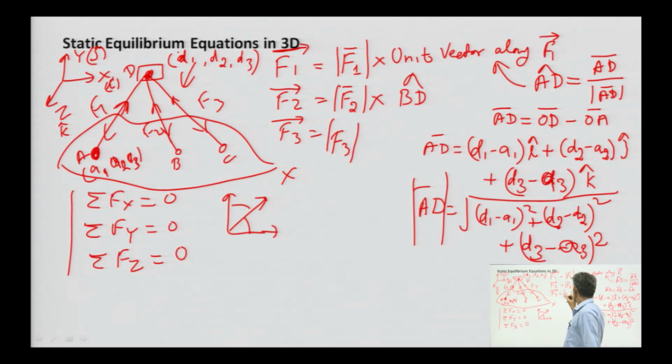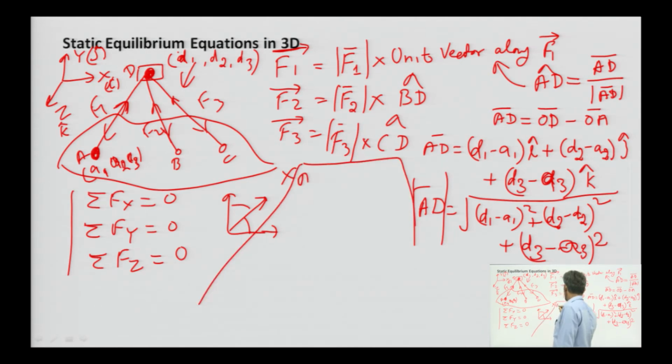Magnitude multiplied by the unit vector CD. Okay. And at point D, we will apply the equilibrium equation. What will be the equilibrium equation at point D?